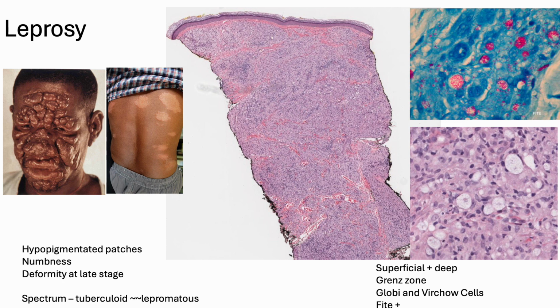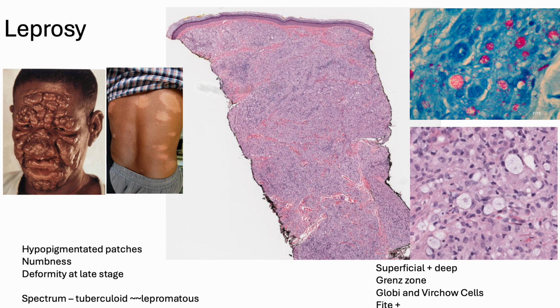If you remember in our USMLE Step 1, leprosy is actually a spectrum. If the immunity of the patient is strong, there can be tuberculoid leprosy. In contrast, if the immunity is weak, then the patient can present as lepromatous. So this histologic picture is showing lepromatous leprosy.